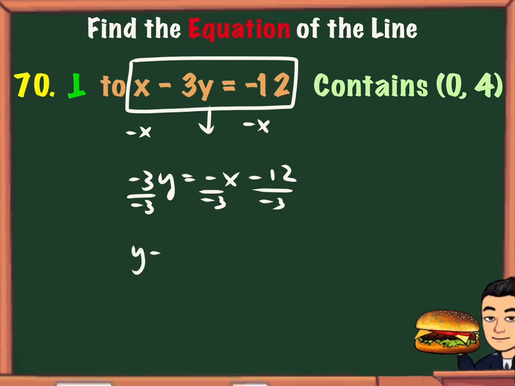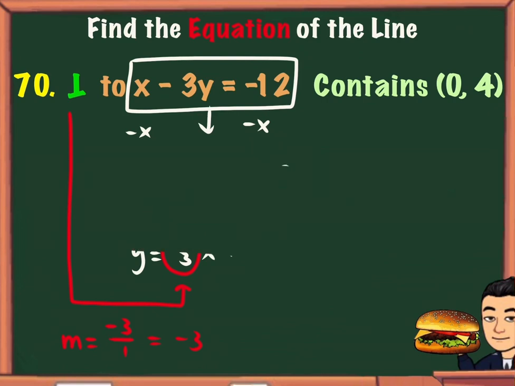Now y is isolated: y equals positive 1/3 x plus 4. So the slope of this equation is 1/3. A line perpendicular to a slope of 1/3 has a slope of negative 3 over 1, which equals negative 3.